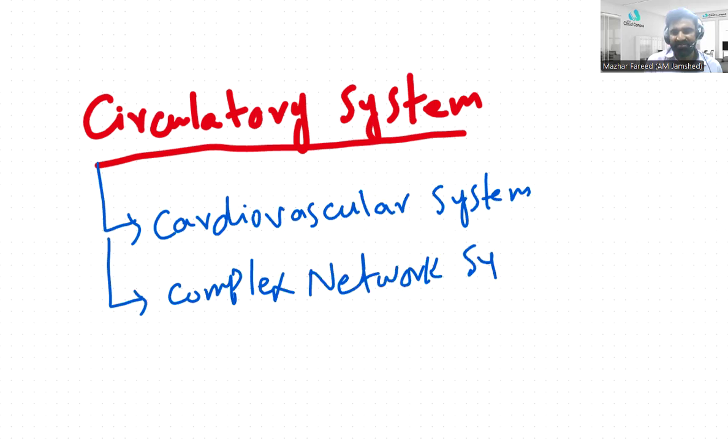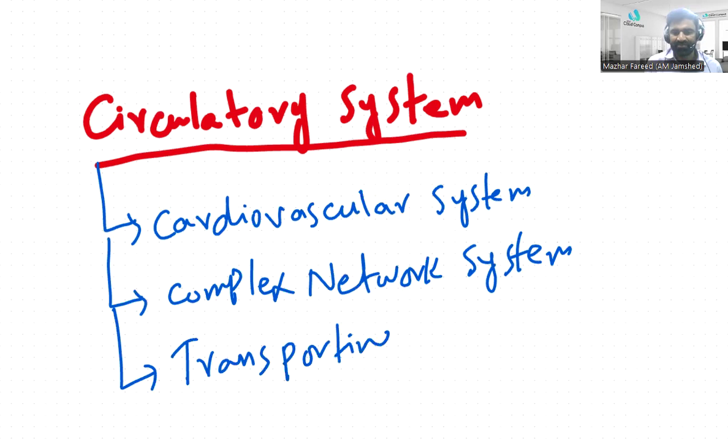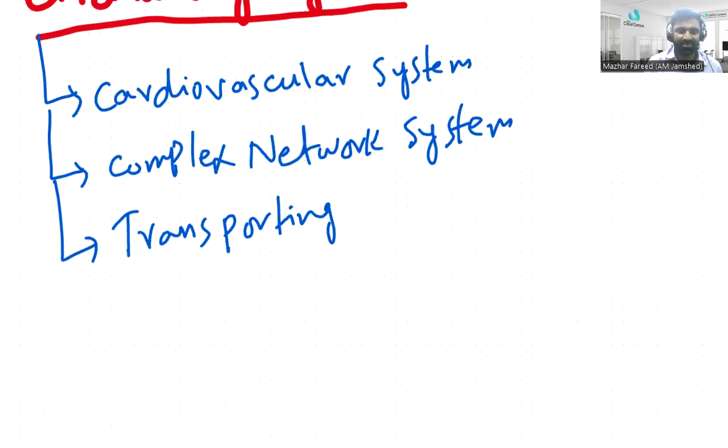Through this complex network system, or cardiovascular system, it can transport different substances. So it is involved in the transporting of, we can say, blood. It transports oxygen from the lungs to the whole body.